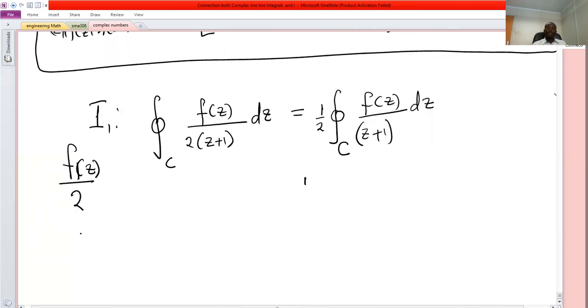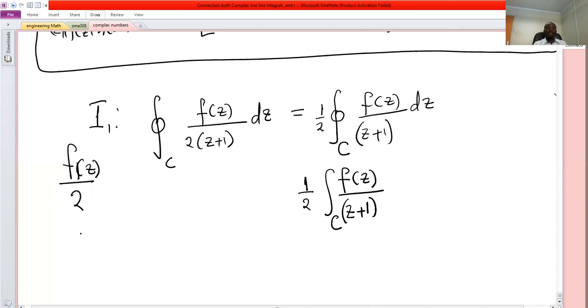So this we can write as a half, integral along C of f of z over z plus 1.